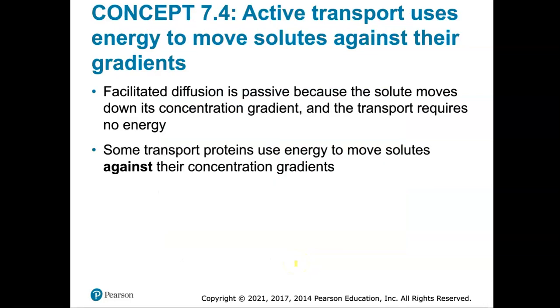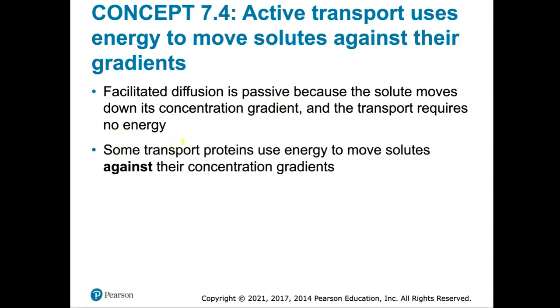So that is facilitated transport, but active transport is, actually, this is confusing, but okay. Facilitated transport is a type of passive transport. Facilitated diffusion or facilitated transport is passive transport because the solute is moving down its concentration gradient and no energy is required.